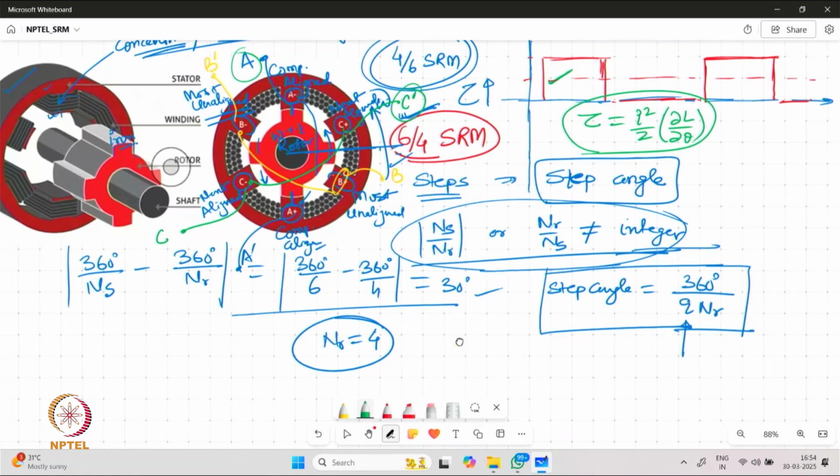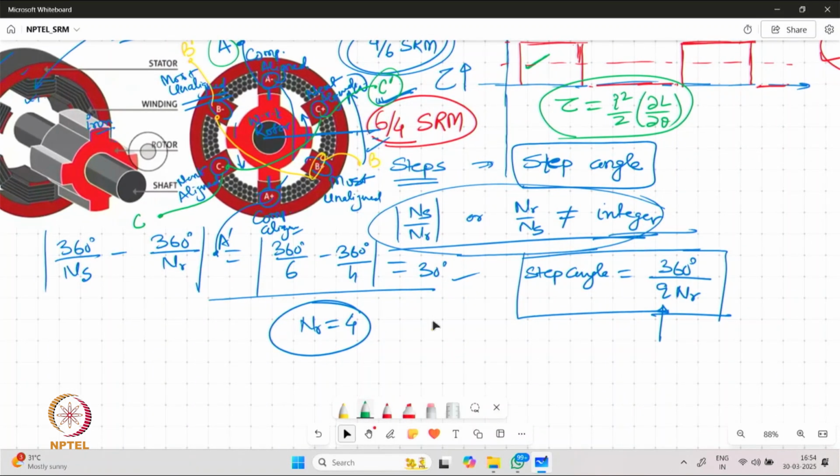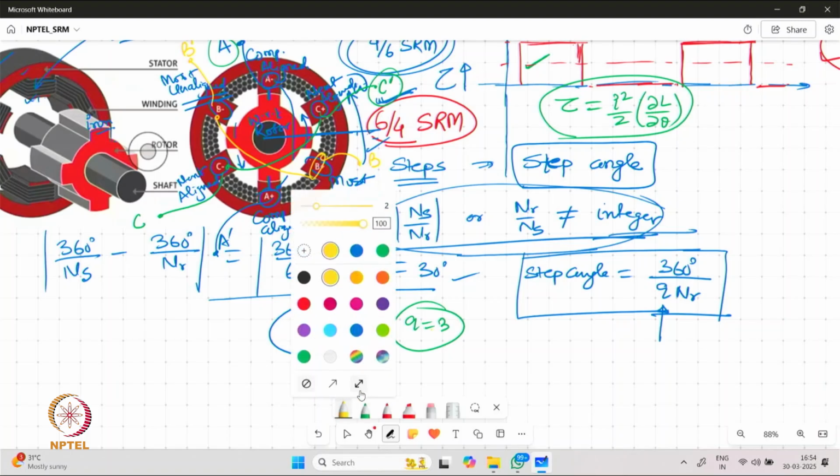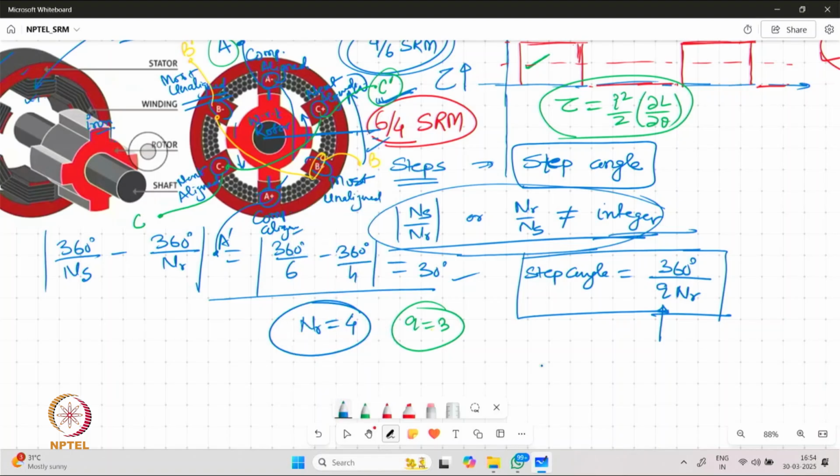For this particular structure, with three phases, q can be written as 3, and thus we have step angle given by 360 divided by 3 times 4, which is 30 degrees.